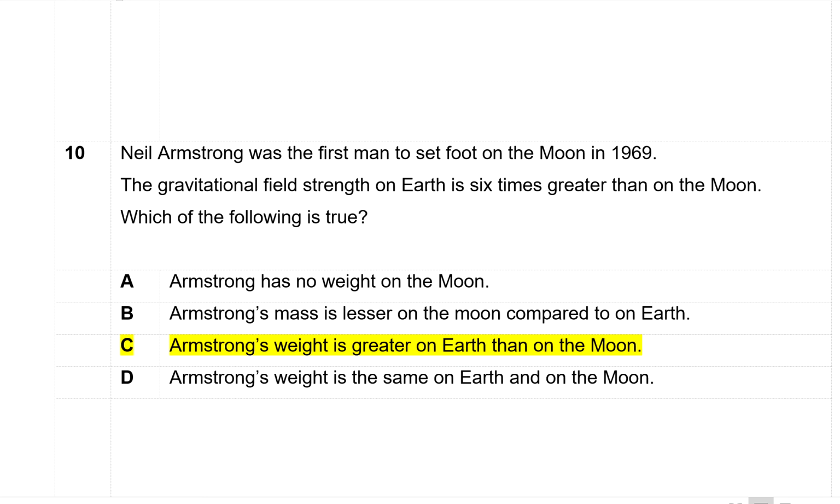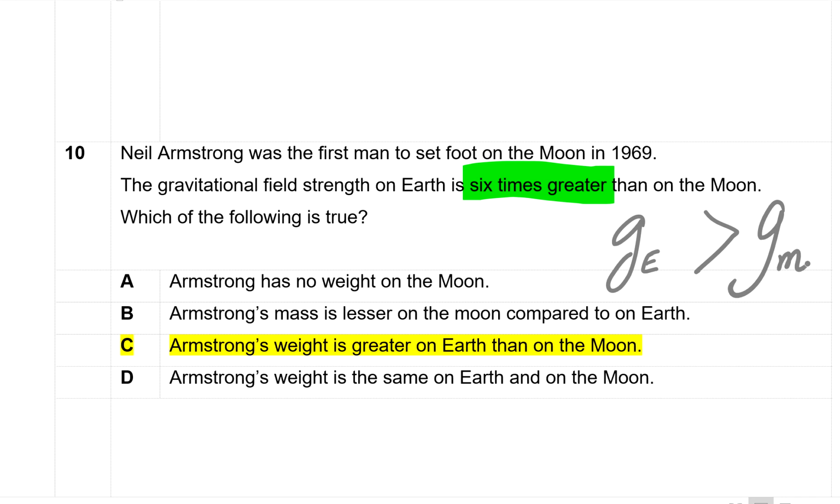the gravitational field strength of the Earth is 6 times that of the moon, because the Earth is a bigger planet. And so which one is true? So the gravitational field strength on the Earth is actually larger. Maybe I won't even write the numbers first. I'll just say it's larger than the gravitational field strength on the moon.